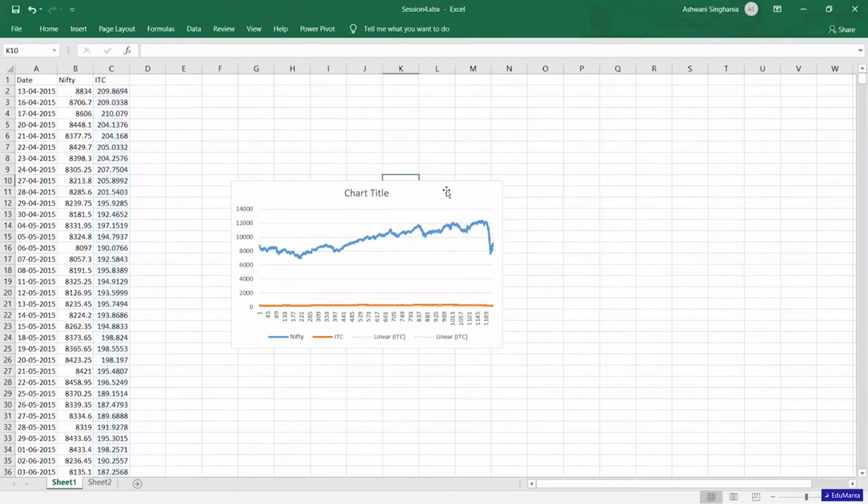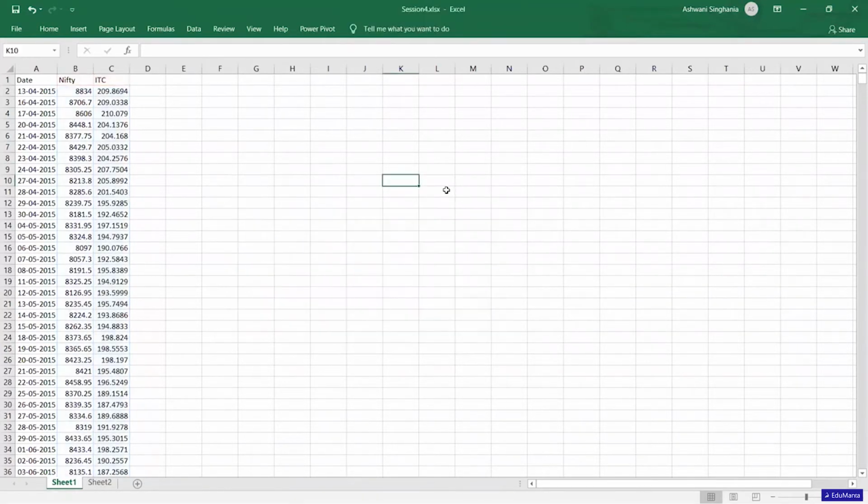So now we have to analyze the return. So this is the price movement. What are the returns that we are able to get? So this is return for Nifty, and I'm going to calculate return for ITC. So I'm going to calculate the daily return. How will I do that? Suppose on 13th of April 2015, I buy this share and sell it on the 16th.